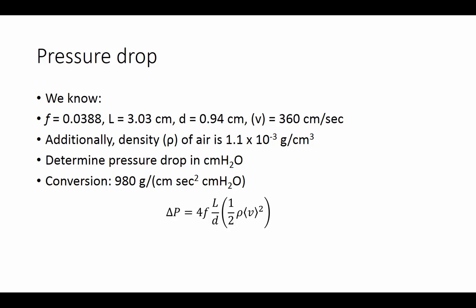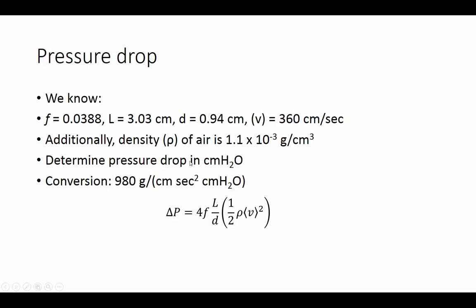So from this, we know our friction factor with entry effects, F equals 0.0388. Our length of the conduit that we're interested in, the bronchi, is 3.03 centimeters. The diameter is 0.94 centimeters. And the average velocity is 360 centimeters per second. Additionally, the density of air is right here, 1.1 times 10 to the negative third grams per centimeter cubed.